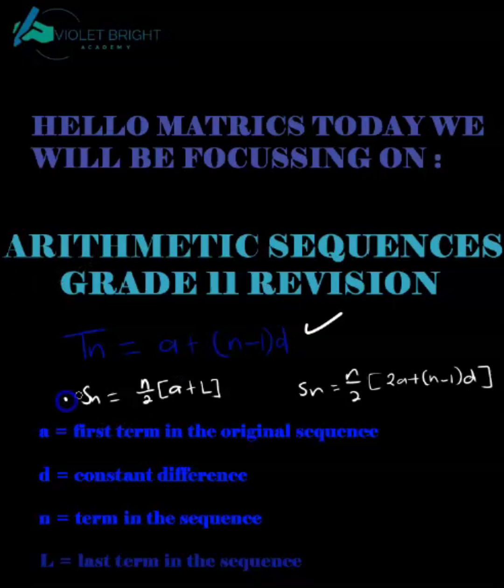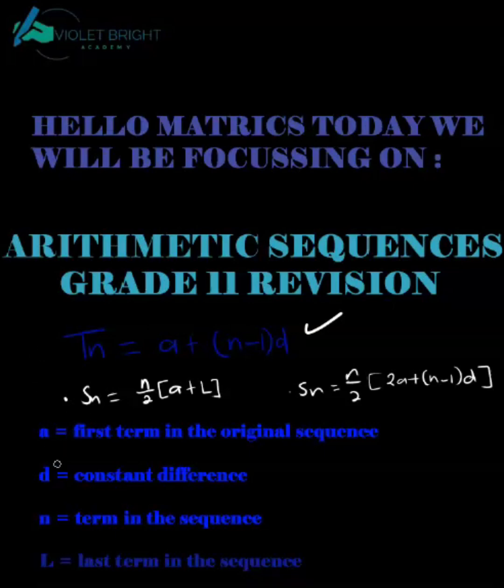And these two are the formulas that we're gonna use whenever we are finding the sum of the terms in the arithmetic sequences. So please note, this applies to arithmetic sequences only. Geometric sequences, quadratic sequences, you don't use this one.